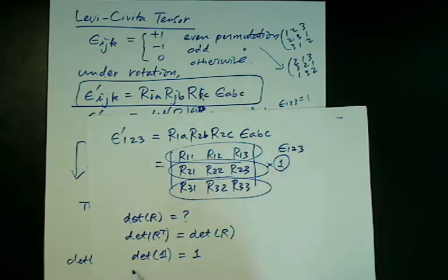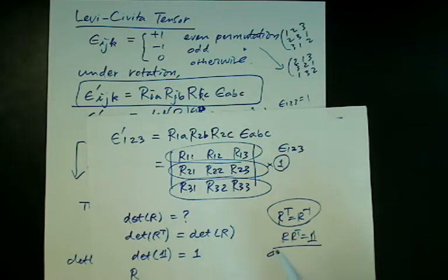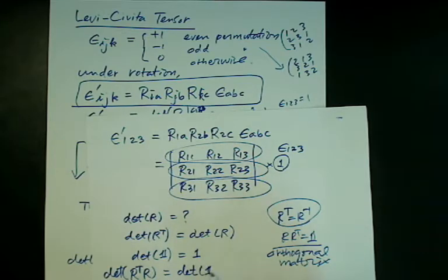Alright, we have R transpose is R inverse, that is the orthogonal matrix property. Therefore, the determinant of R transpose R is the determinant of identity, which is 1.